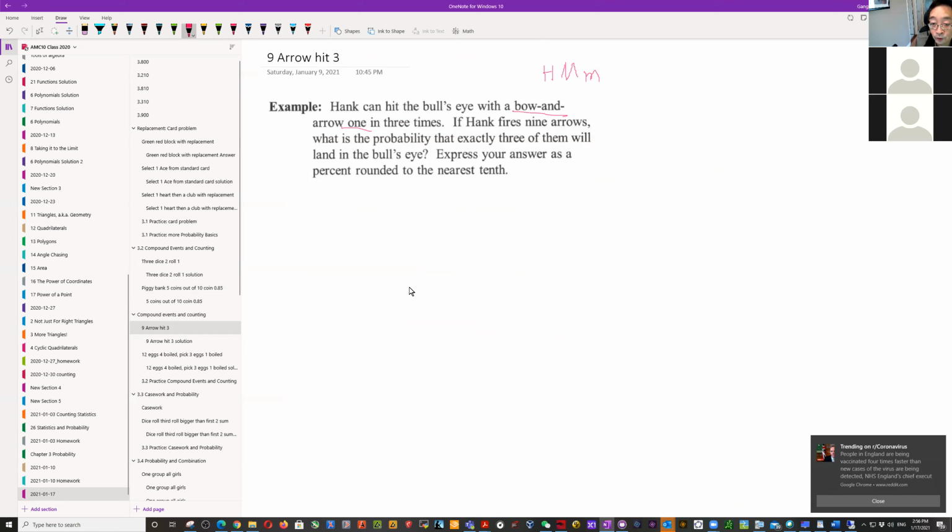For the 2 misses, I'm going to use a capital letter and a lowercase letter. Because you hit 1 in 3, the 2 misses basically just represent 2 other equal chances that you could miss.